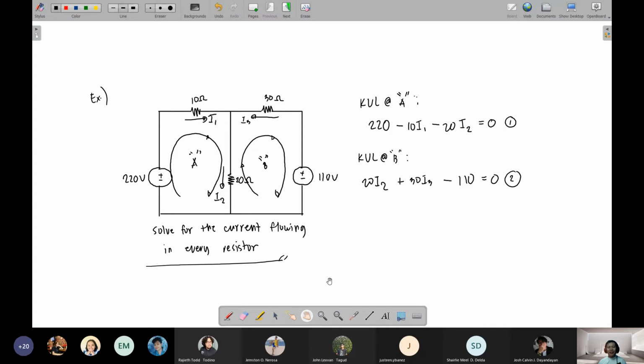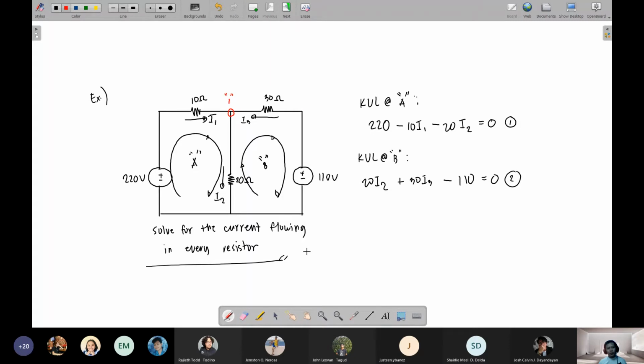So recall, a node is a connection point. Let's determine where the connections are, starting with the obvious ones. Here, the 10 ohm, 30 ohm, and 20 ohm resistors are connected, so this is a node. Let's call this node 1.